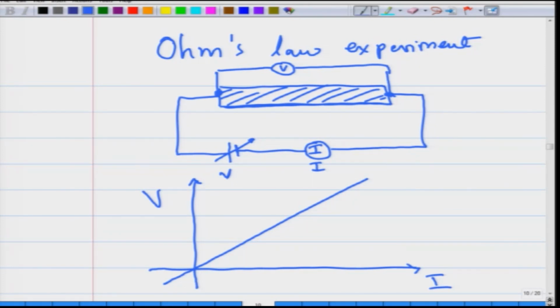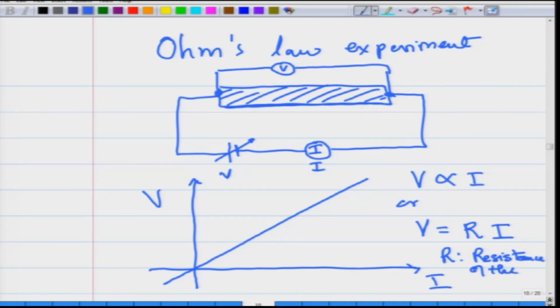The voltage and the current are directly proportional to each other, or the voltage is written as V = R I, where R is the resistance of the metal. The slope of this curve is equal to R.